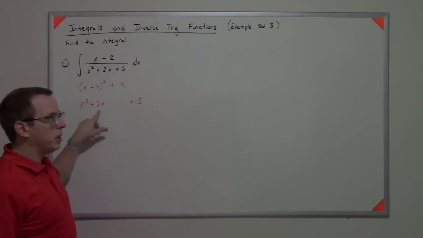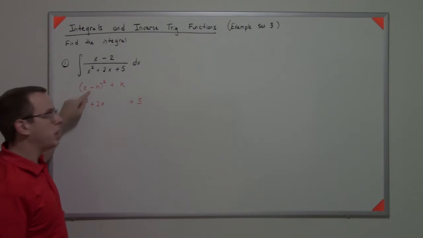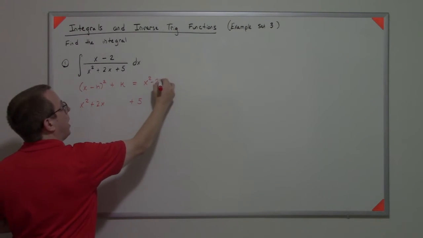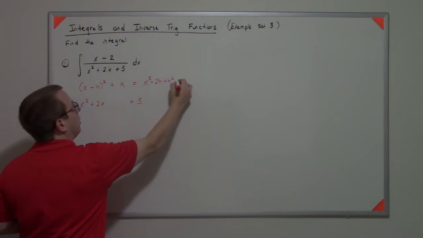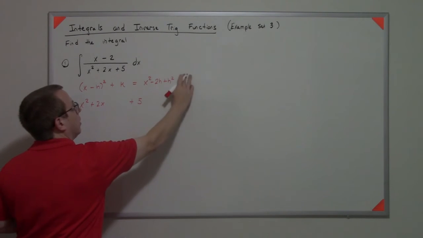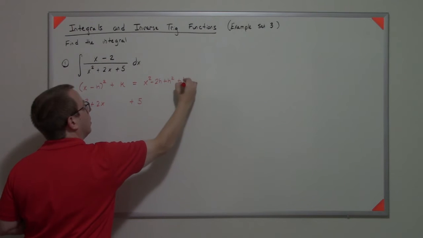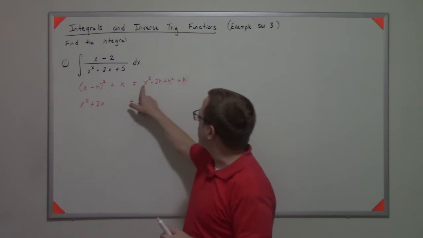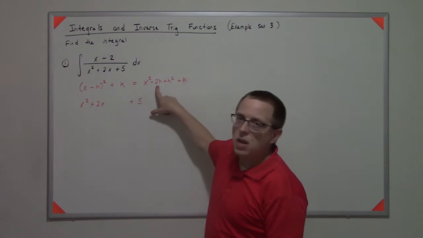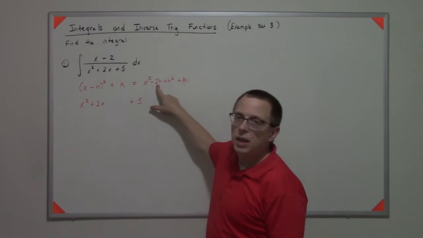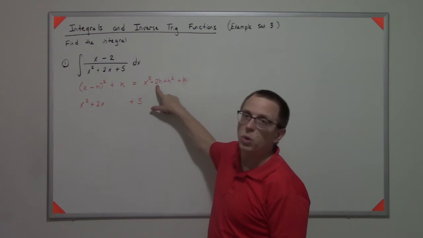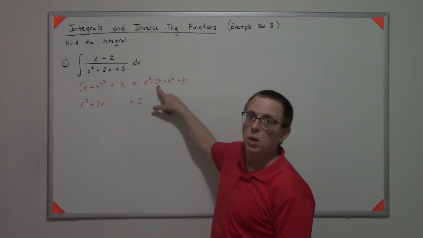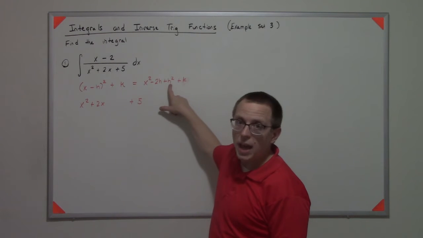The reason why you do this is that if you look at this formula here, it comes out to be x squared minus 2h x plus h squared. And you'll notice that whatever's here, if you cut it in half, so if you divide this by 2 and square it, you get that term.